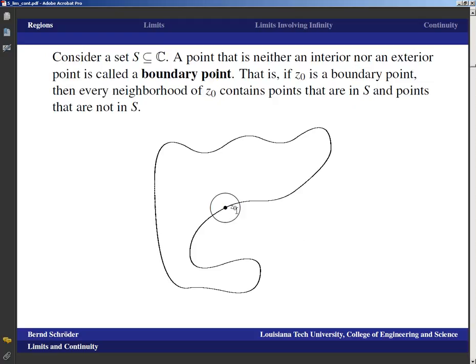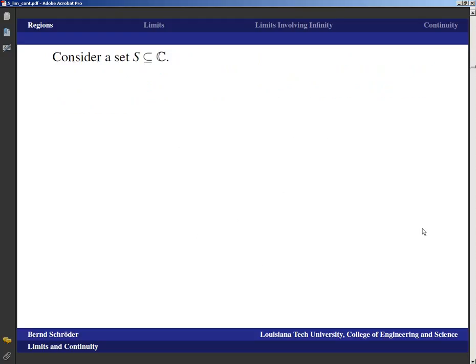The idea for a boundary point z0 is that no matter how small a circle we draw around it, there will always be some points in S and some points outside of S inside that circle. So that's what it means to be a boundary point.